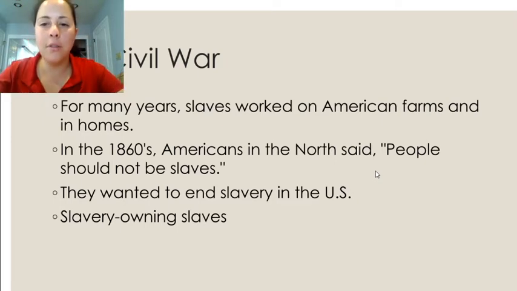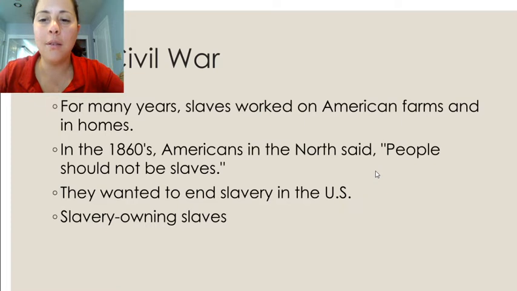Okay, page 72. For many years, slaves worked on American farms and in homes.